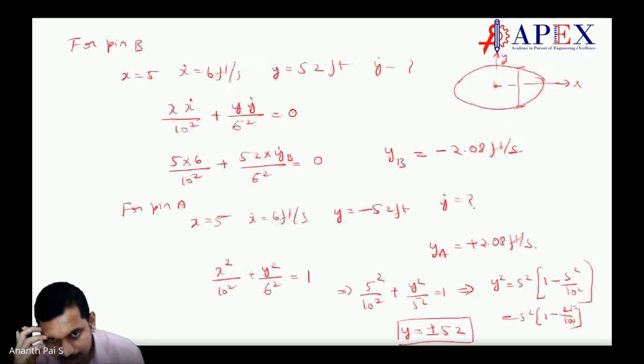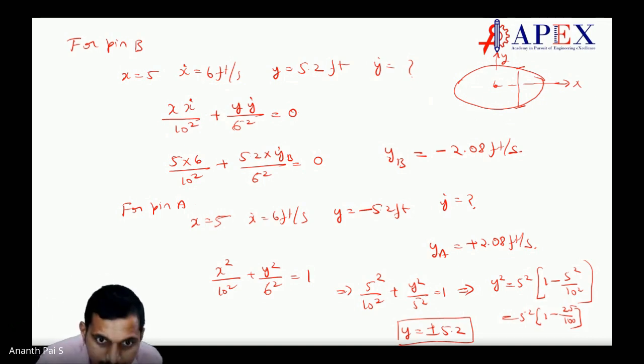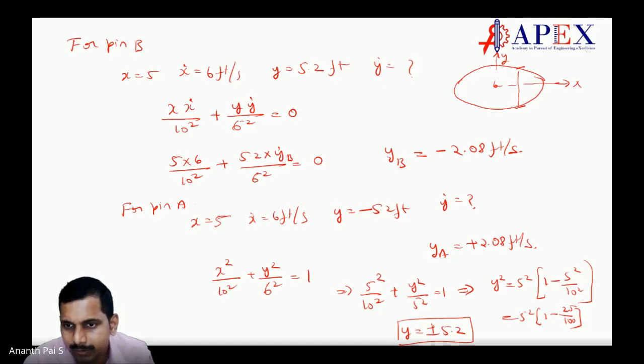I was asking about finding velocity. To find velocity, we have to just add x dot and y dot. What you can do is relative velocity.